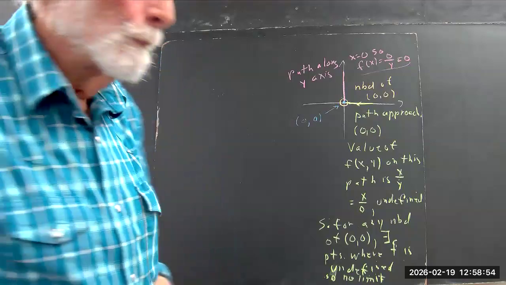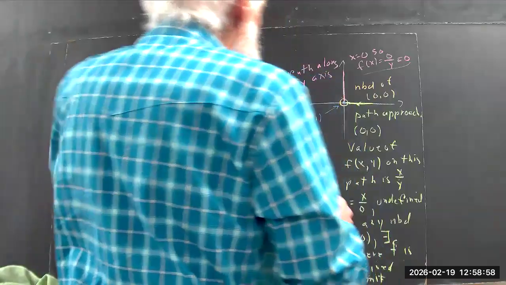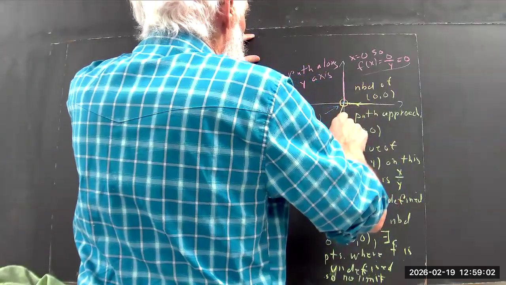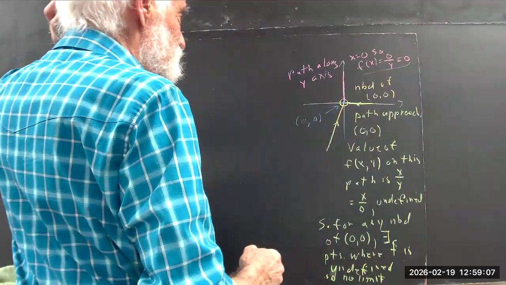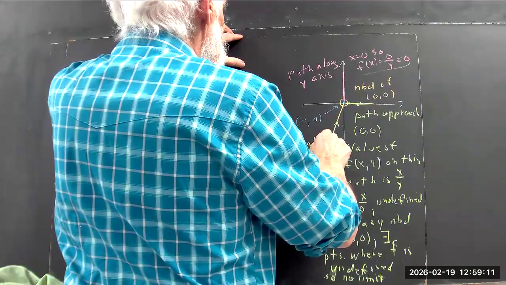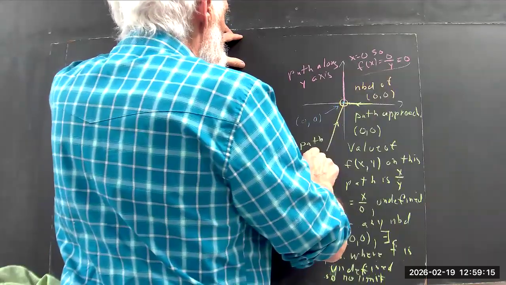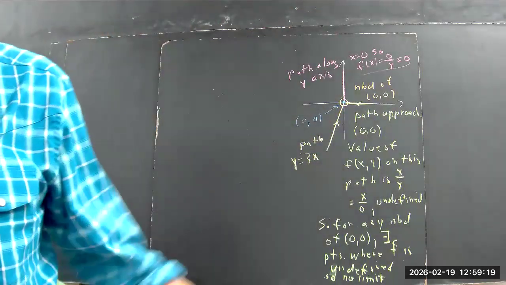So we can approach (0, 0) along a line where f of x,y equals 0. We can even approach along, let's say, this path, where the path is y equals 3x. Looks like it has a slope of about 3, doesn't it?